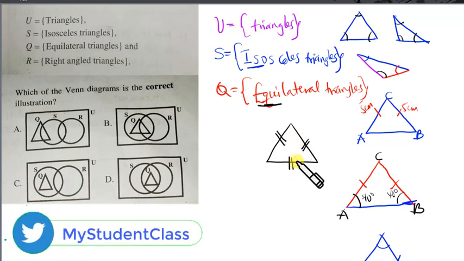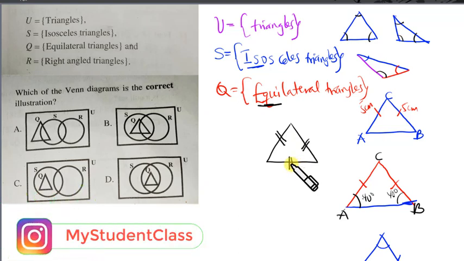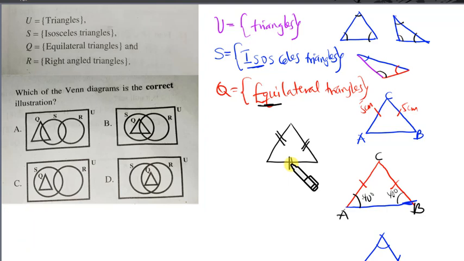And of course, one very interesting thing about an equilateral triangle is that we know the interior angles of an equilateral triangle. The sum of the interior angles of a triangle is 180 degrees.